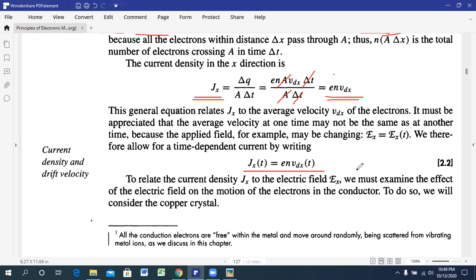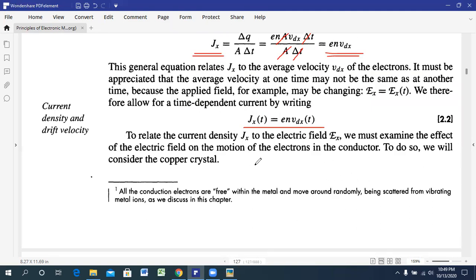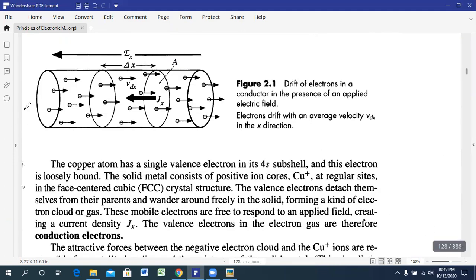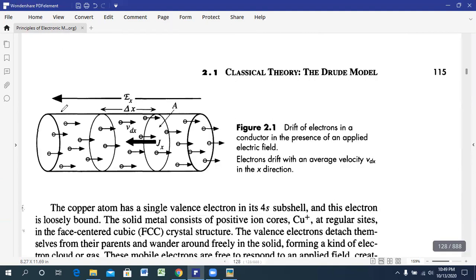Now, in this book, they explain the conduction of a copper crystal in the presence of an electric field Ex. If you look at figure 2.1, you will see that we are applying an electric field E of x, and that gives the electron a drift velocity v_dx.